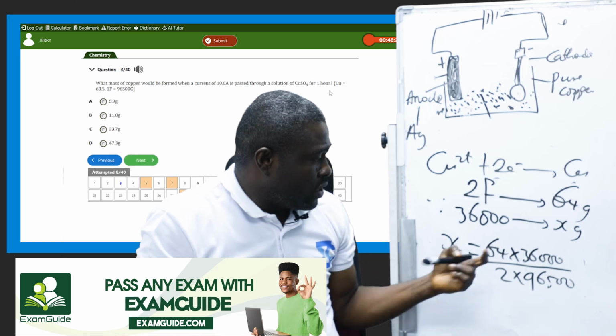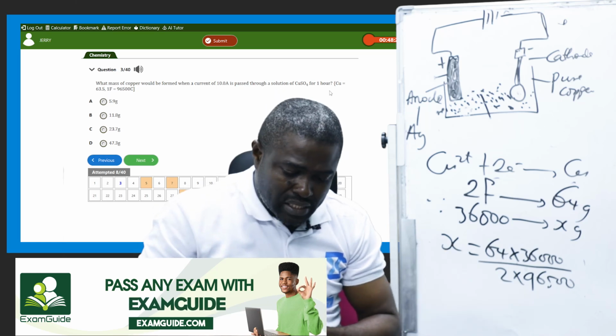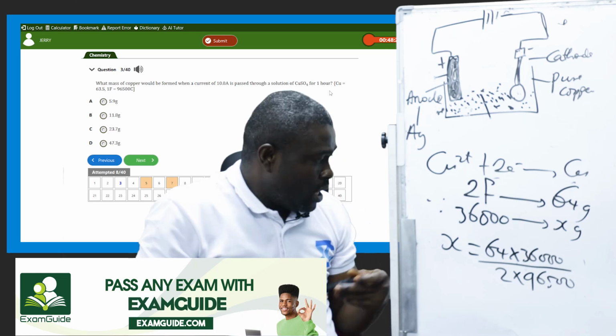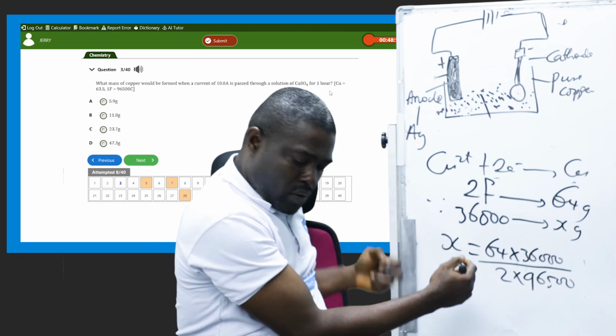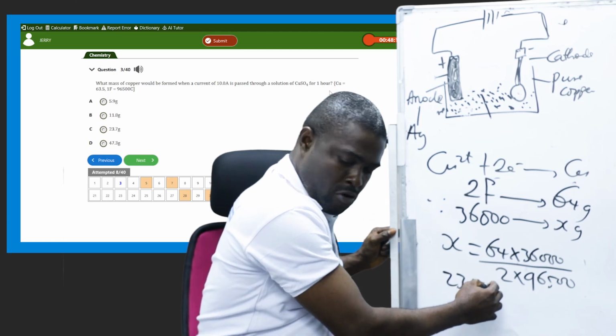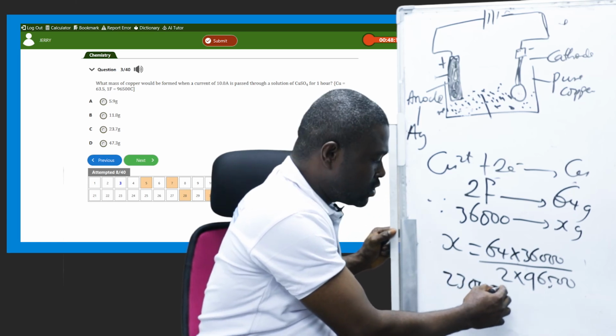By the time we solve this, we have 36,000 times 64 grams, which gives us 2,304,000.